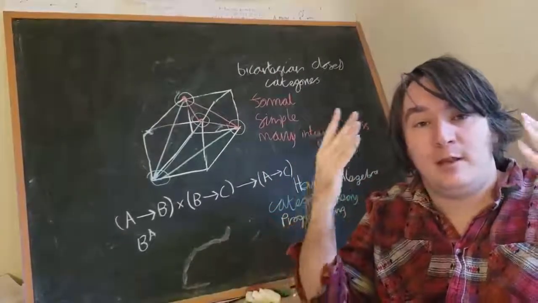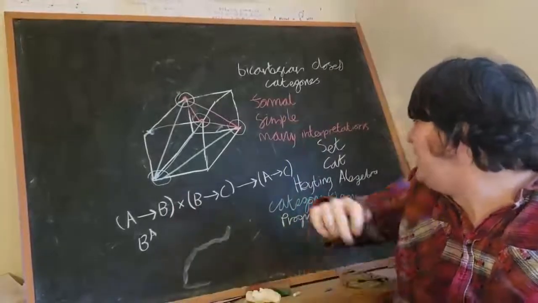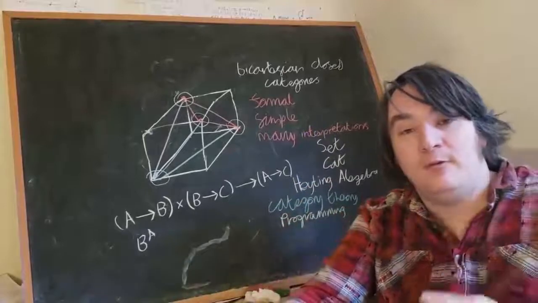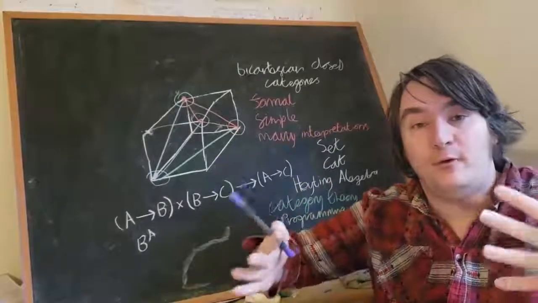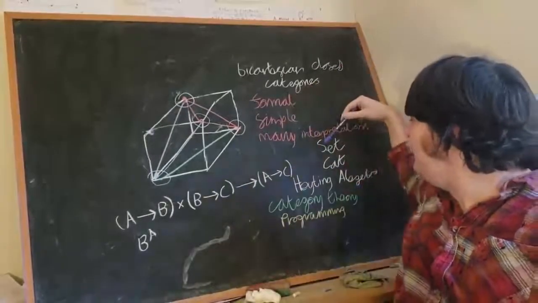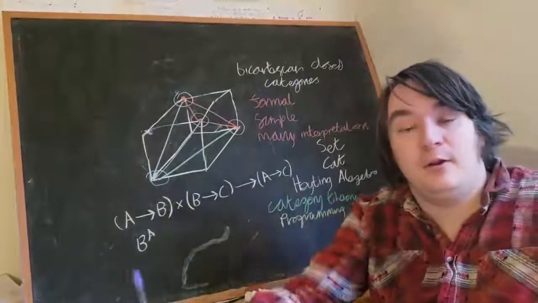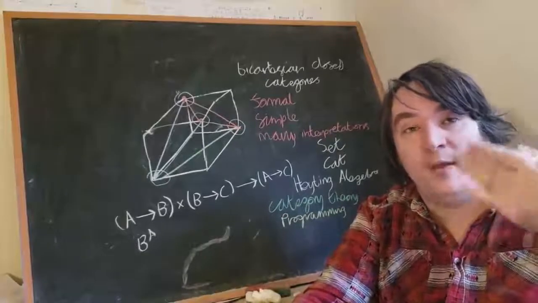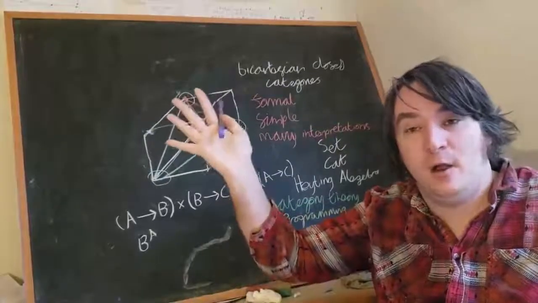Now, of course, if you're dealing with a particular Bicartesian closed category, let's say Cat or Set, yes, it will be Bicartesian closed.